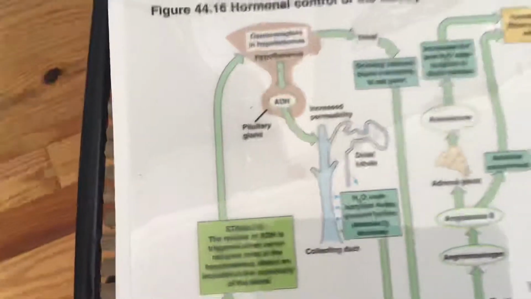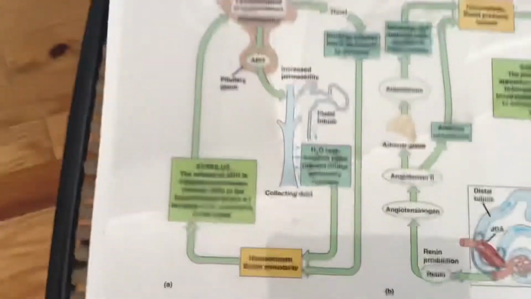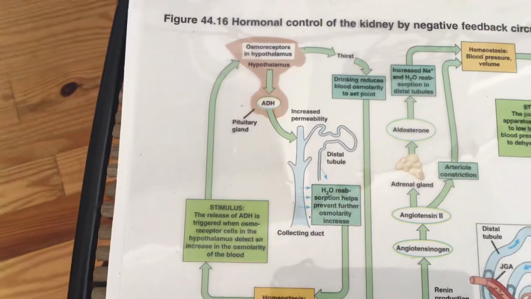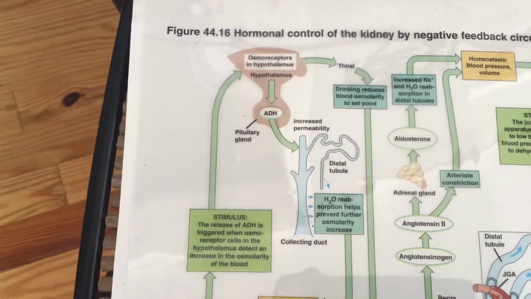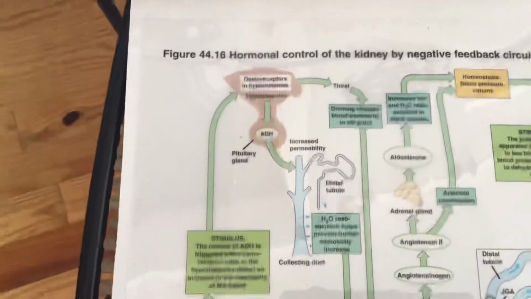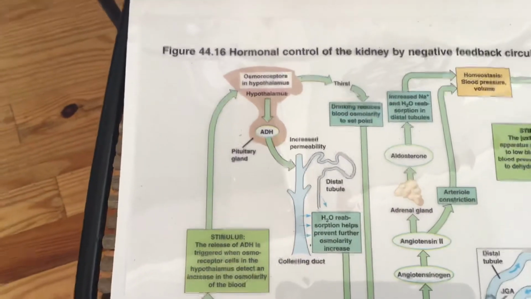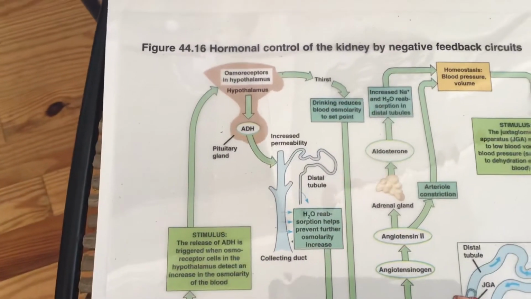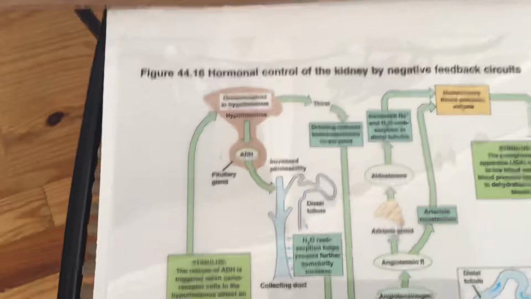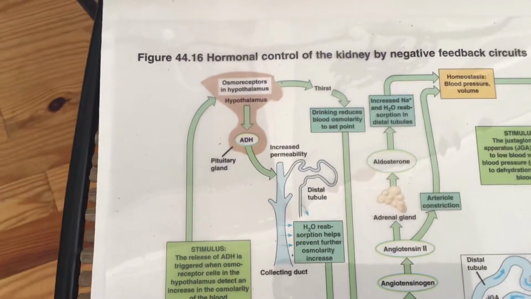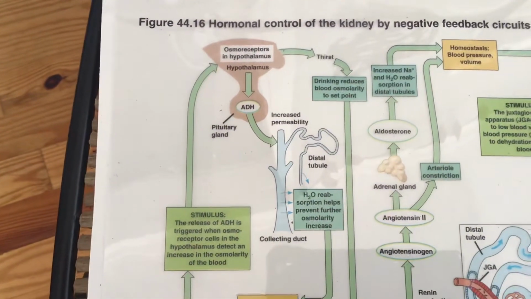Now, if we look closely at this side of the diagram here, as that hormone gets stimulated, it's going to increase the permeability in the collecting duct for water. So, in other words, we can reabsorb some more water back into the system.